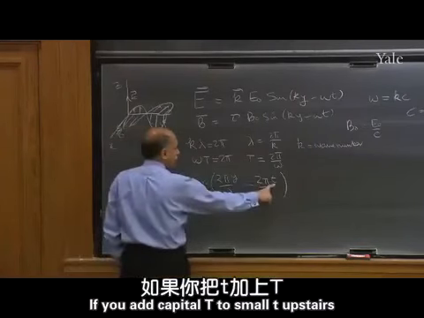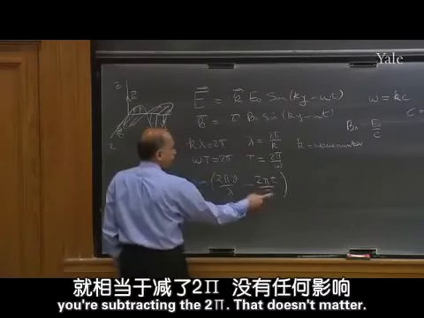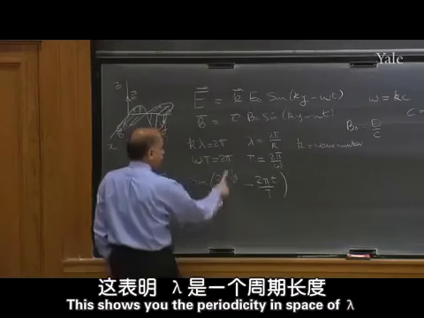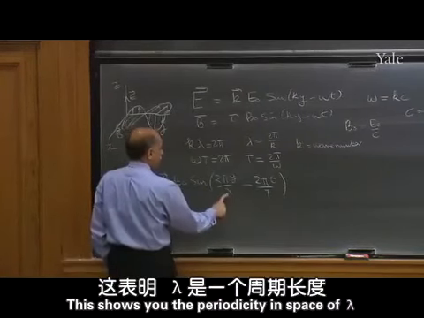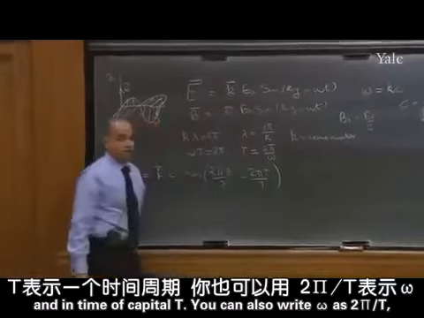If you add capital T to small t upstairs, you're subtracting a 2 pi. That doesn't matter. This shows you the periodicity in space of lambda and in time of capital T.